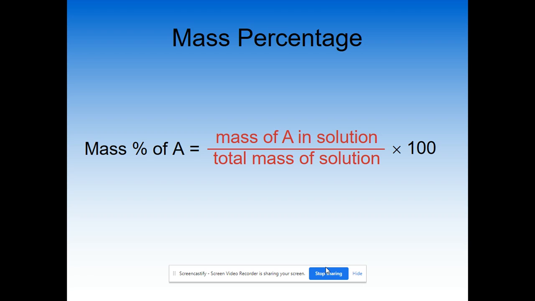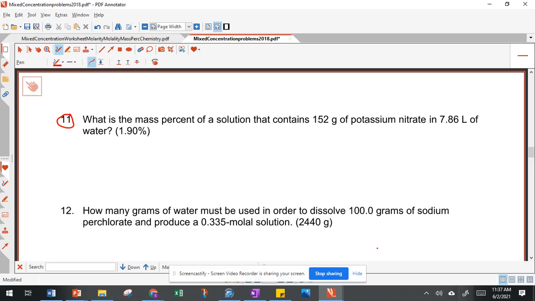So I want to work through a few different types of problems so you can see how this looks in a problem. The first problem I want to show you is actually finding the mass percent of a solution. So here we have potassium nitrate. This is our solute, because you notice it's written in water, so this is our solvent.